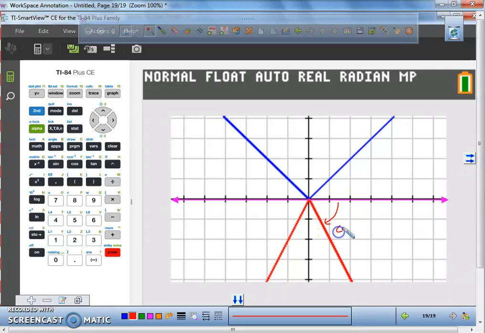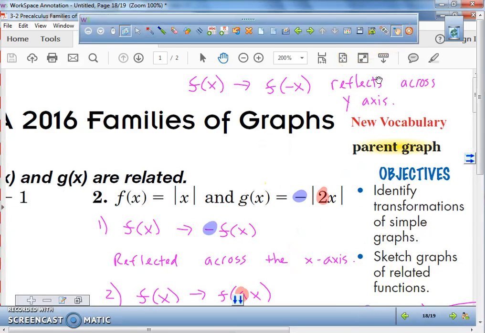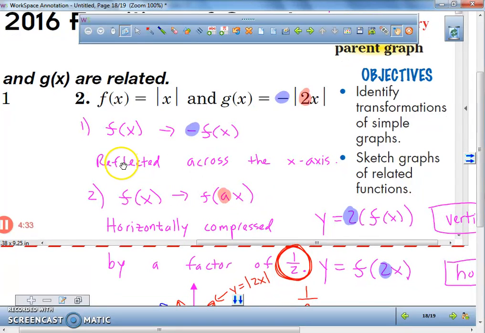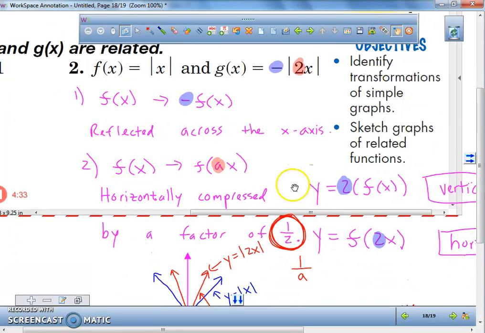So it compresses horizontally. Those are the two answers on your paper: it's reflected across the x-axis and it's horizontally compressed by a factor of a half.